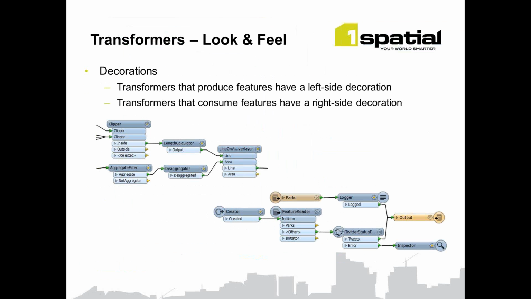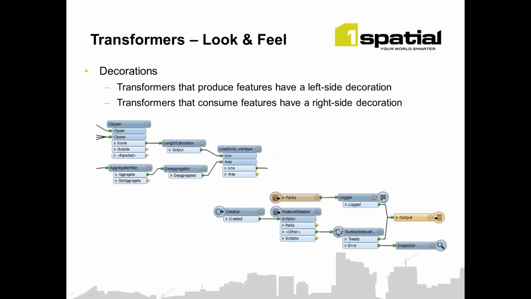The feature reader and the conventional reader both get data off disk. So whether it's in a database or in a file, they're coming straight from disk. This Twitter status fetcher, as well as lots of other web service related transformers, have this little web indicator to highlight that a web connection is needed and you're essentially connecting out and there is an external dependency on this process.